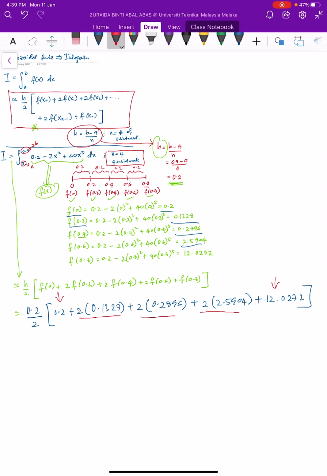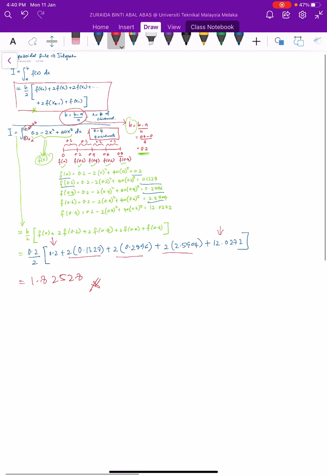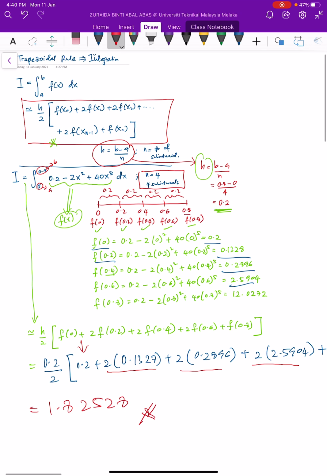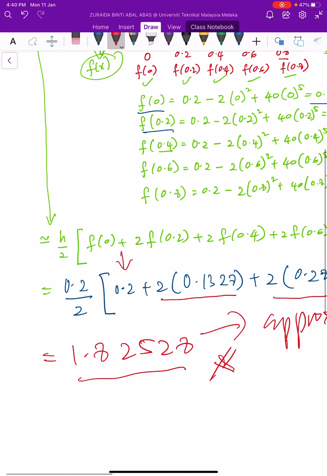All right, so that is the formula for the trapezoidal rule. And when you evaluate this, at the end you will obtain 1.82528. So this is going to be the approximation value for this question here. All right, so based on this, you can also have the error.